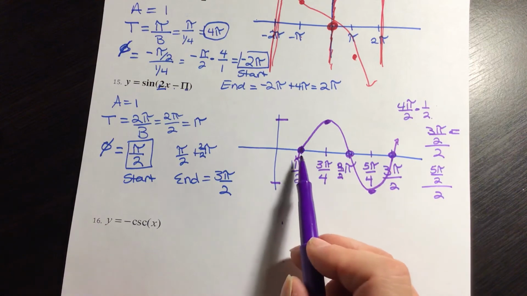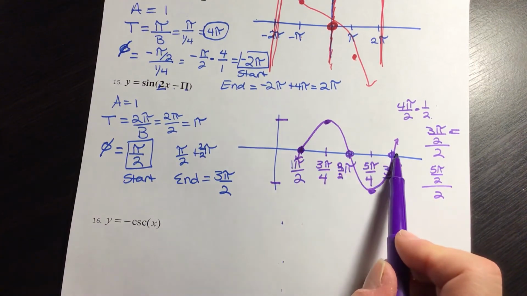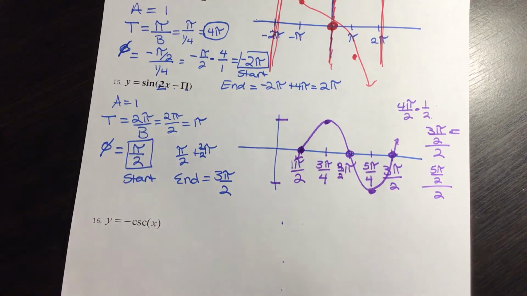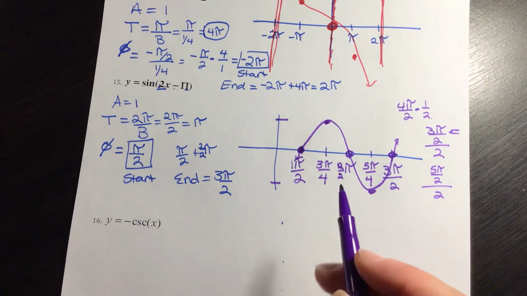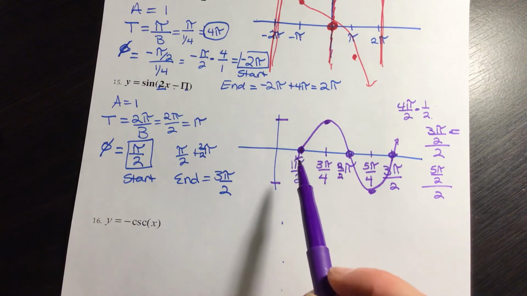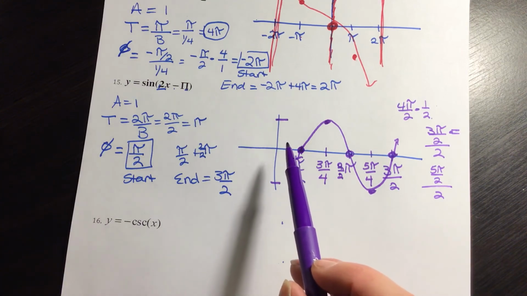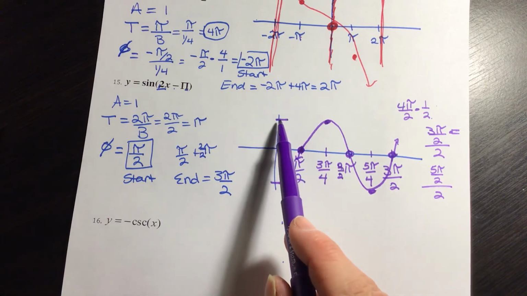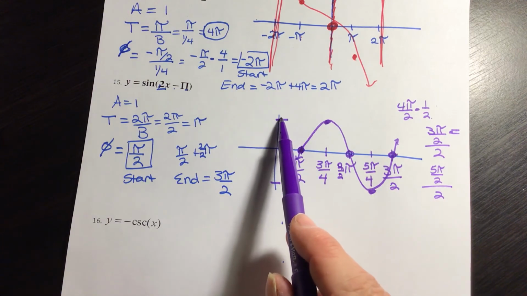Okay, so for a sine function, you have 3 x-intercepts, and then you go up or down whatever your amplitude is. In a cosine function, you will have 2 x-intercepts. You'll start at a maximum value, whatever your amplitude is.